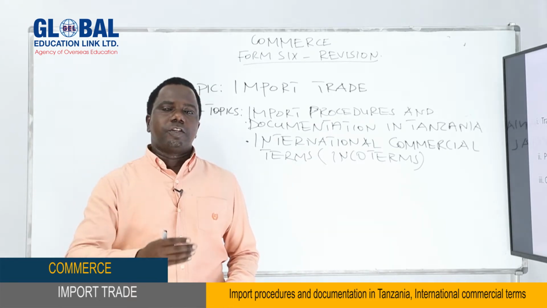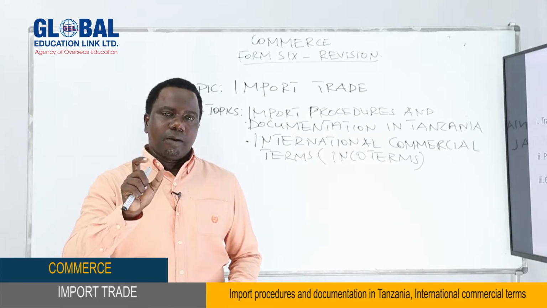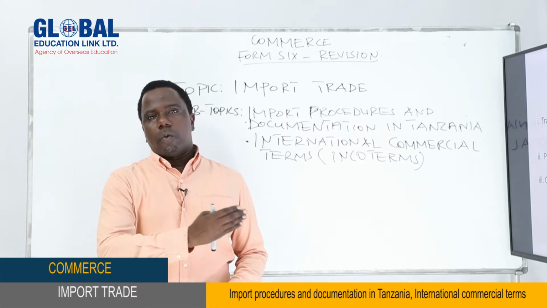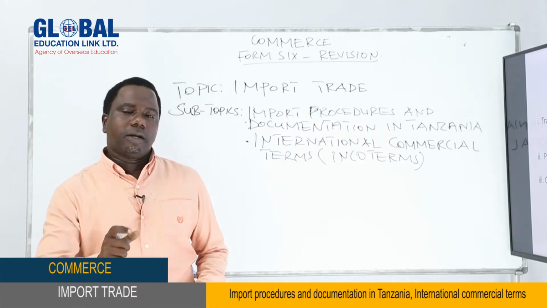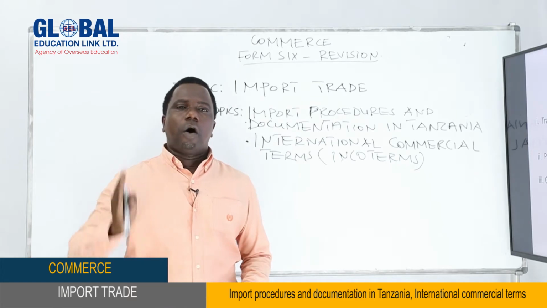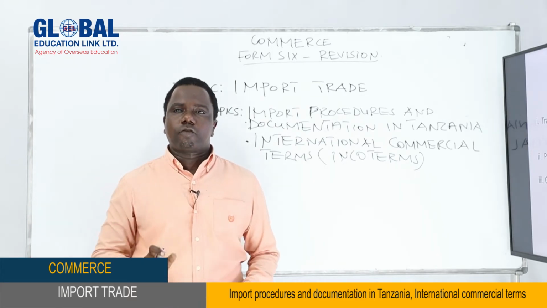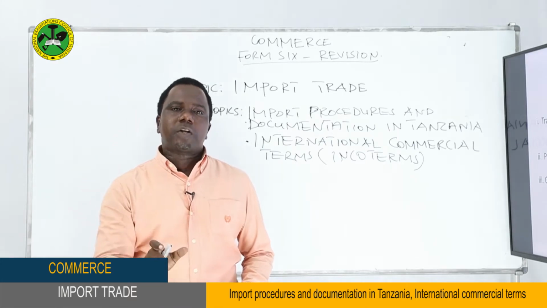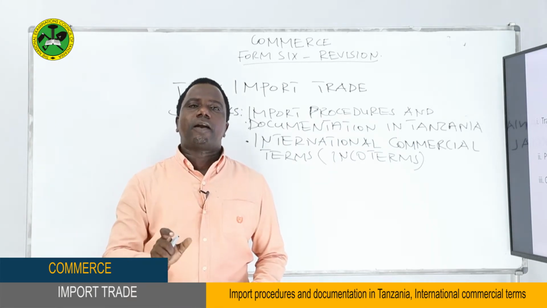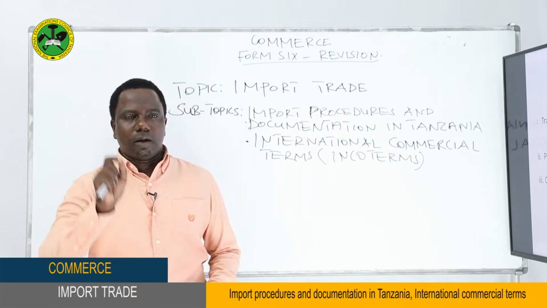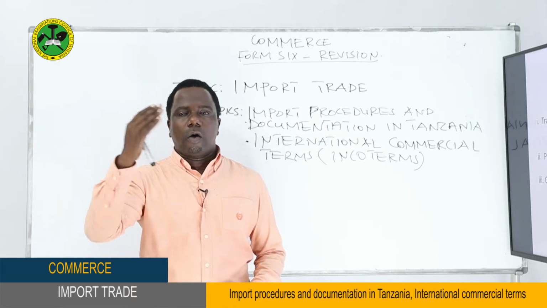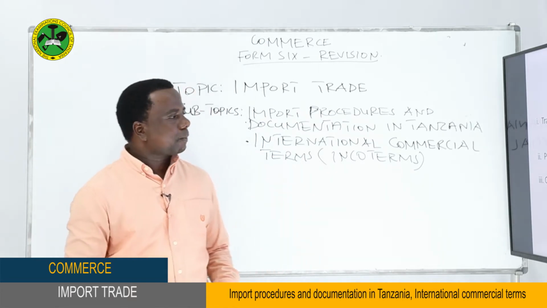He may get this from different banks which deal with foreign currency. But all in all, foreign currencies are controlled by the central bank in the country. So an importer must get foreign currency of the country he or she is importing from.